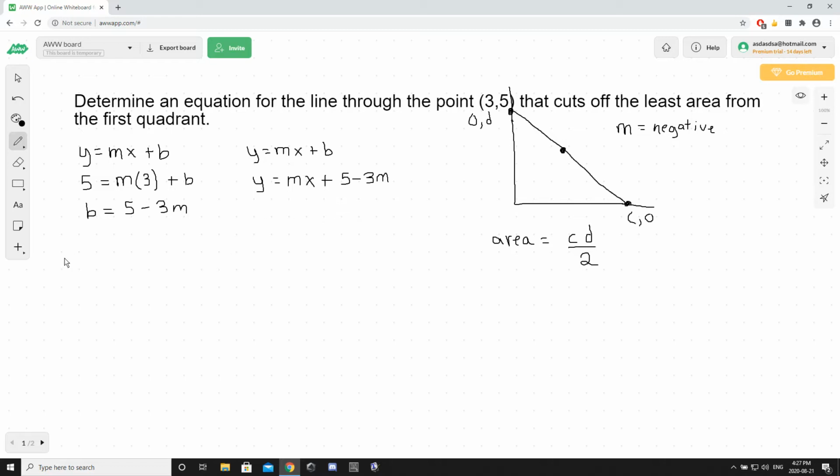So at (c, 0), our x-intercept, I'm going to take the equation that we made for our line so far and plug in c as the value of x and 0 as the value of y. Maybe I'll just rewrite the equation down here. y equals mx plus 5 minus 3m.